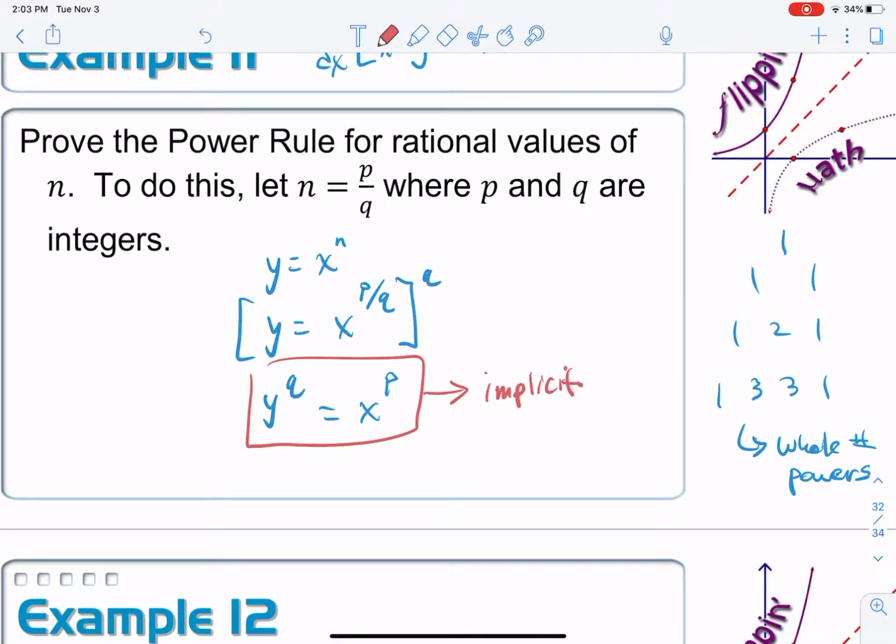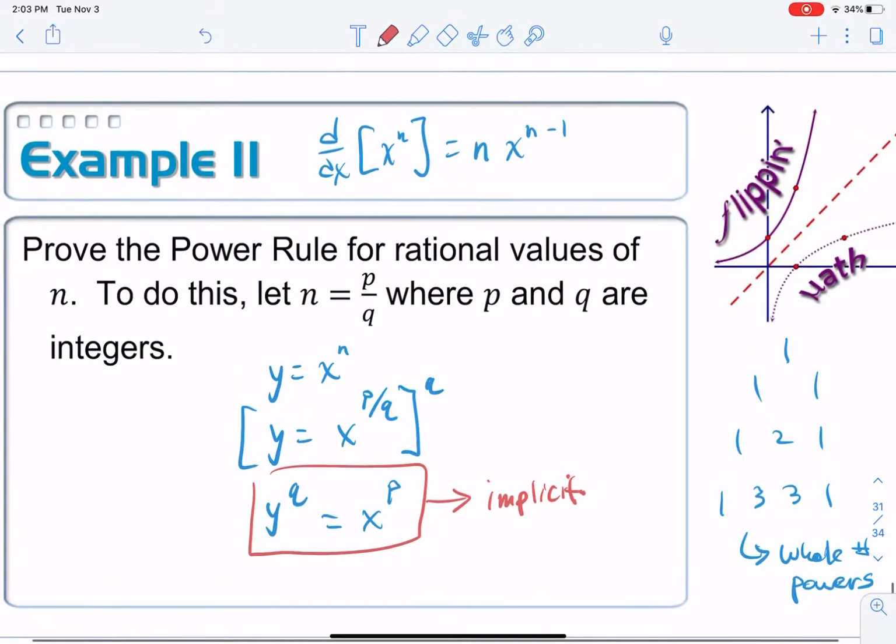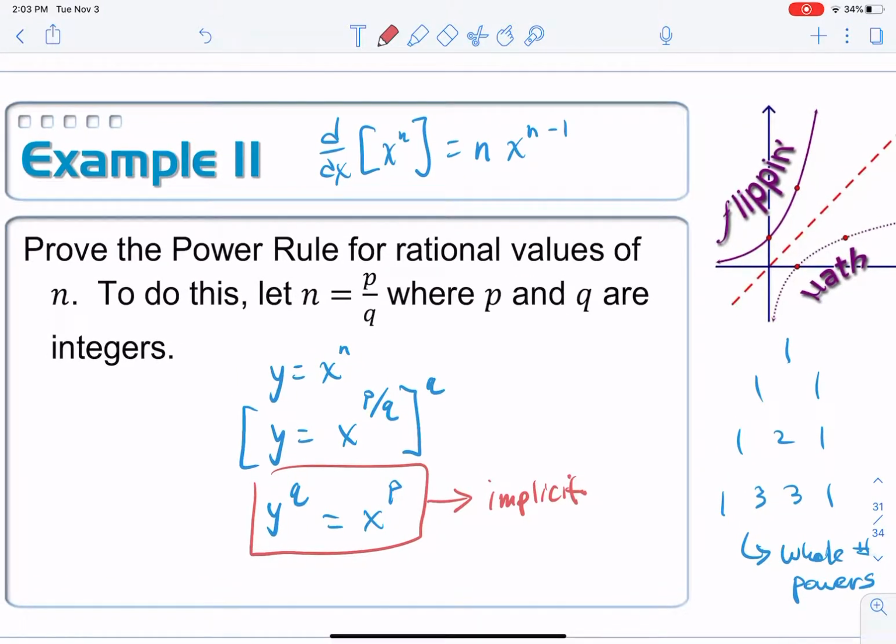Then when you're all done, you want to solve for just dy dx and show that it equals p over q times x to the p over q minus 1 power. Okay, very good.